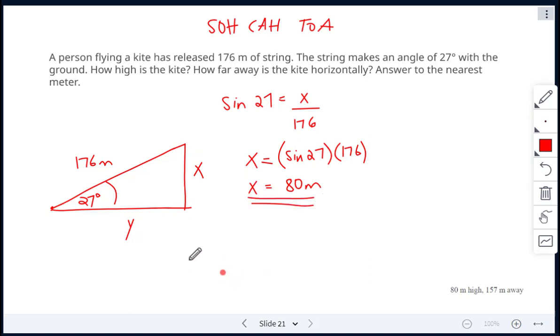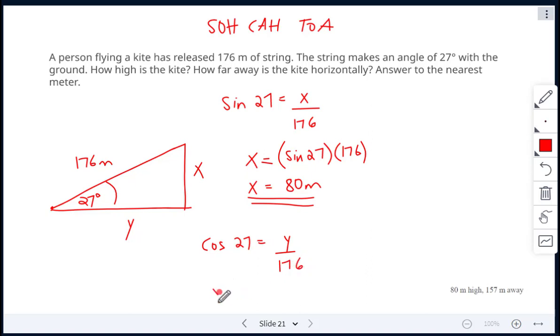Next, how far away is the kite horizontally? So for that, we would use cosine. Adjacent is what we are trying to find. Hypotenuse is what we have. So cosine of 27 is equal to y over 176.